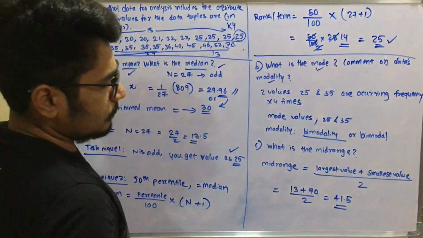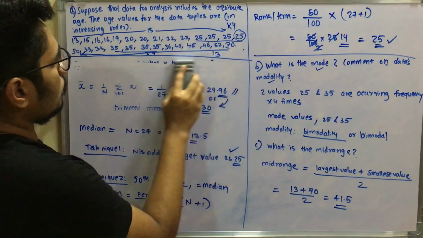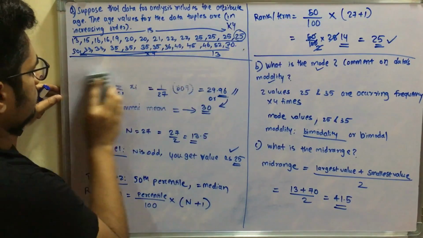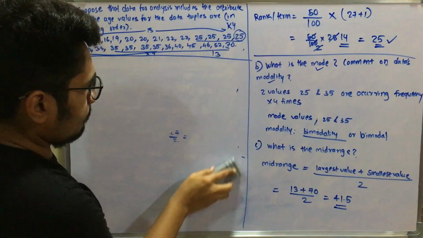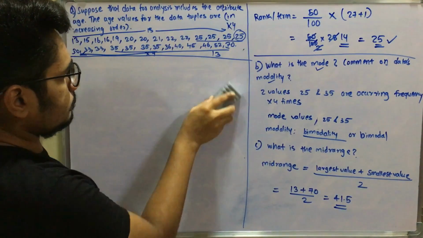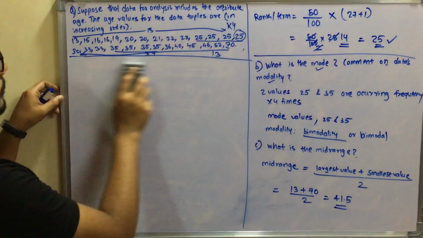So I'm back. We have three more questions to go with this. I'll rub this part off, but I'll keep this part as it is so that you can see it.